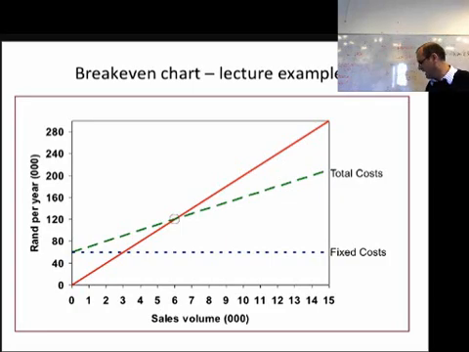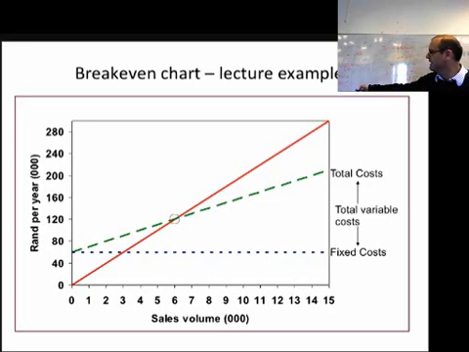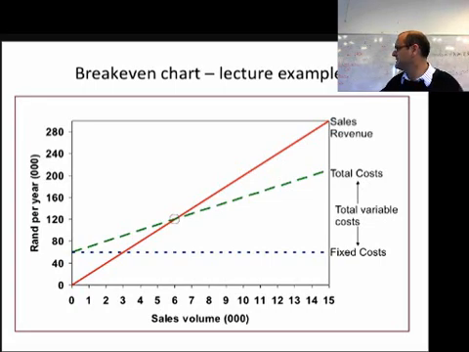The difference between my total costs and my fixed costs is obviously going to be my total variable costs. Looking at sales revenue, under the accountant's model, that's just a linear relationship as our volume increases. As each ticket sale increases, so our sales revenue will increase by 20 Rand.